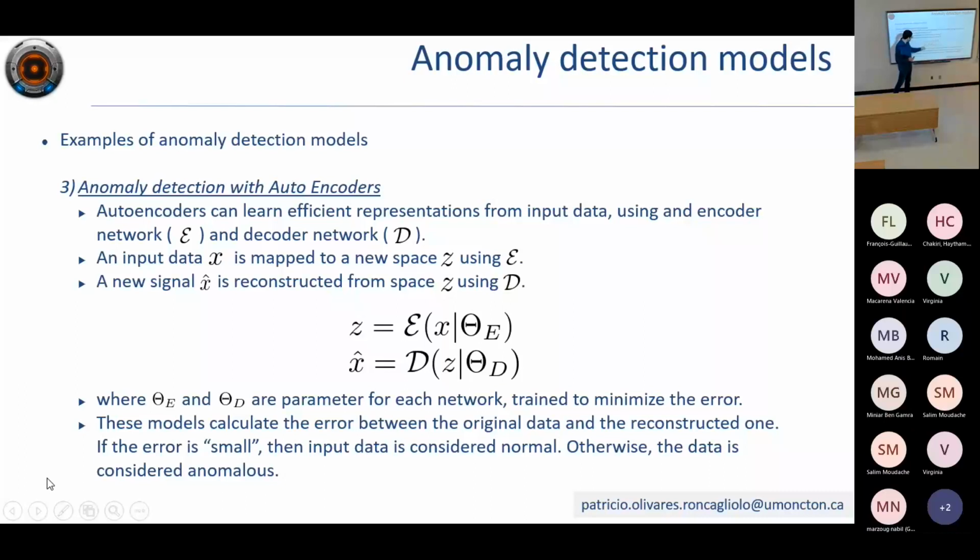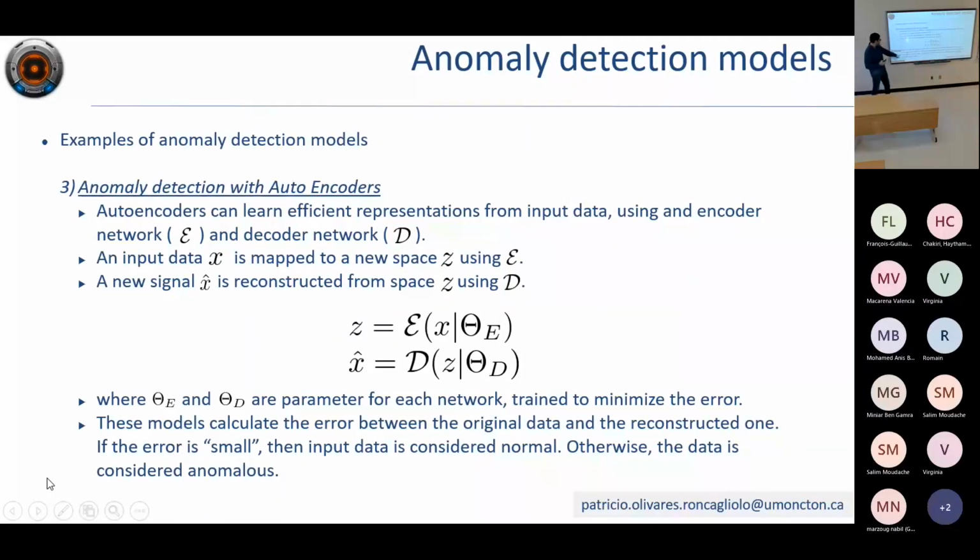You will learn the new representation from your original data, and you can take the distance between your original data and the new representation, and that distance can be used as an anomaly score. Of course, you can set a threshold once again, and whenever the score passes that threshold, it will be considered an anomaly.